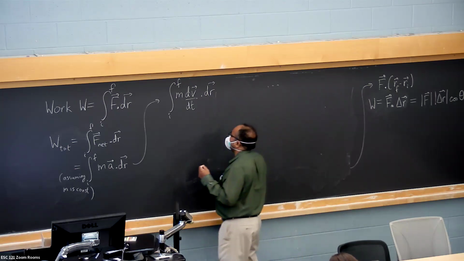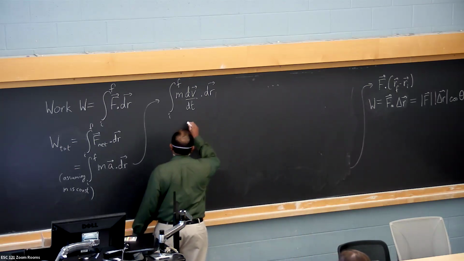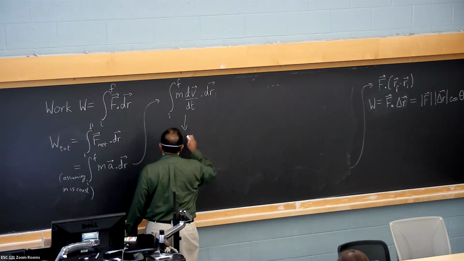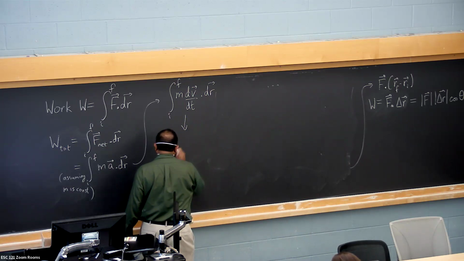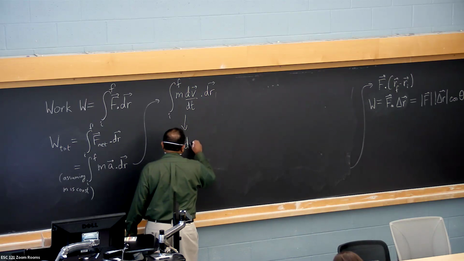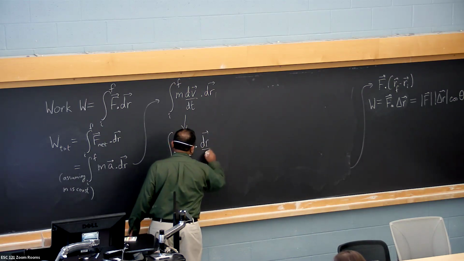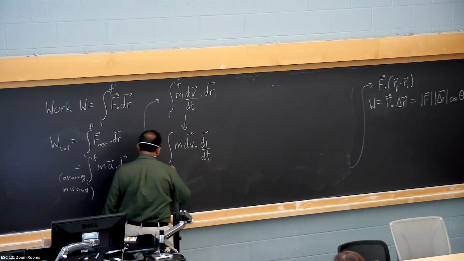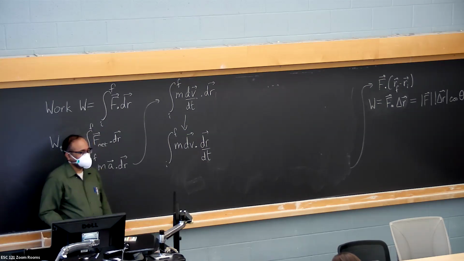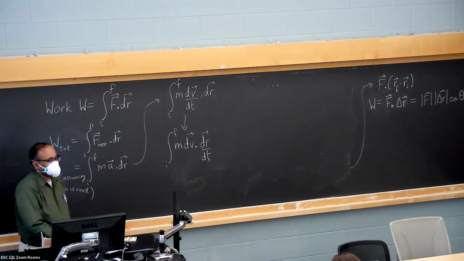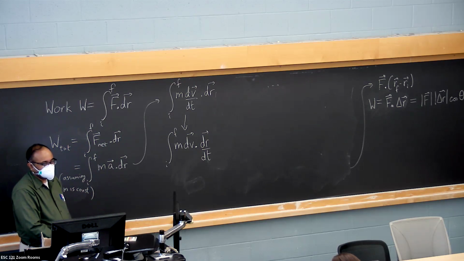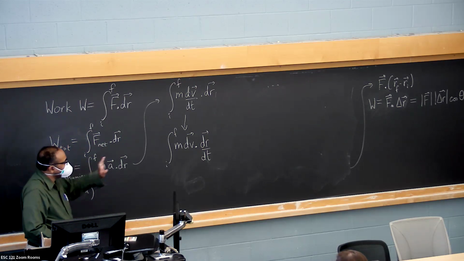Okay, and now this is the step that makes mathematicians mad. Still a dot product. Right, I just shifted the dt over.